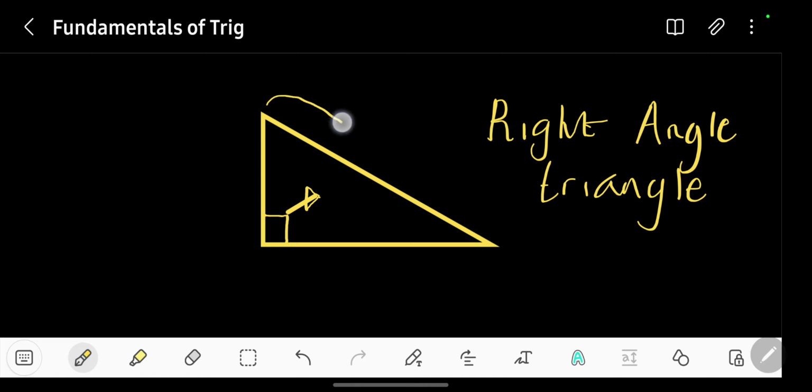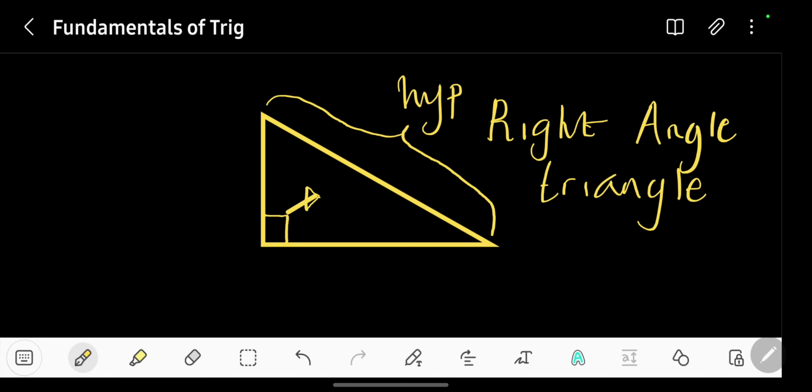So this is your hypotenuse. Whenever you have a right angle triangle, your 90 degrees will always point to your hypotenuse. The hypotenuse doesn't change; it will always remain the hypotenuse.